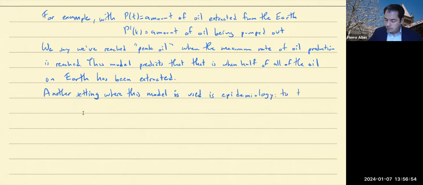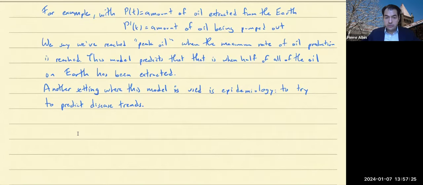Yeah, and there, what you're trying to do is predict disease trends, right? So if you want to Google logistic model pandemics, you'll find a lot of papers on modeling COVID-19 using the logistic model. Okay, so those are some examples of slope fields.